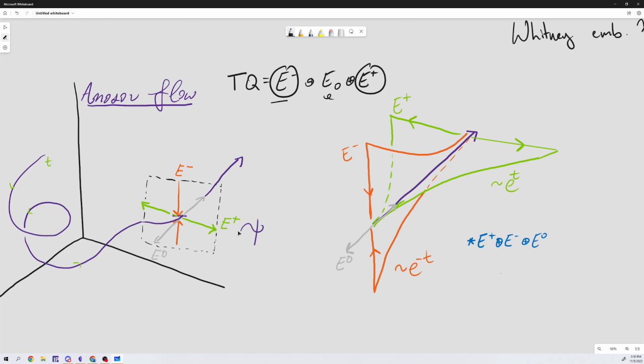If I'm going to break something up into the direct sum of 3 vector spaces, I need at least 3 dimensions. But there's no manifold whose tangent bundle is 3-dimensional, because your tangent bundle has even dimensions.